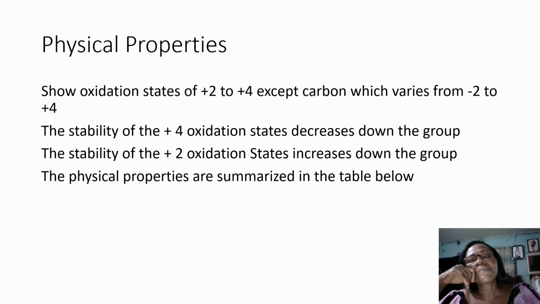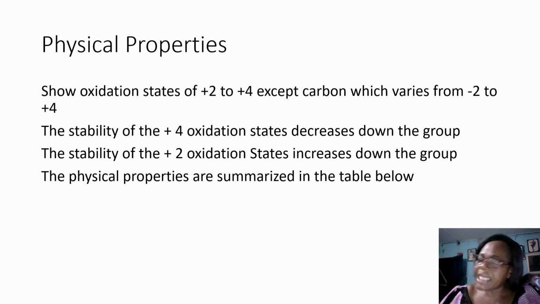Physical properties. They show oxidation states of +2 to +4, except carbon, which varies from -2 to +4. So while silicon, germanium, lead, and tin show oxidation states from +2 to +4, carbon shows from -2 to +4.